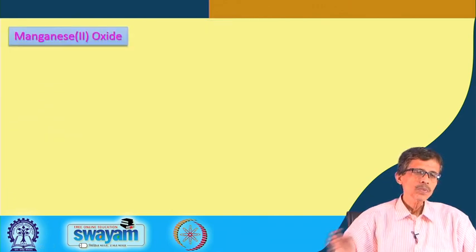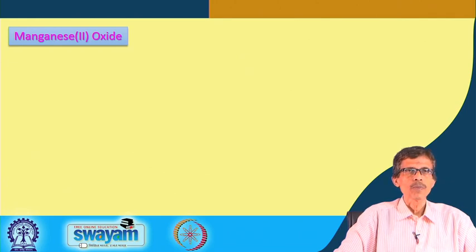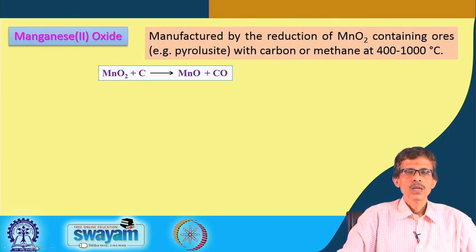So, the first thing we will now see is your manganese 2 oxide, that means the lowest possible oxidation state, from 2 to 4, and it is stabilized by oxygen as O2 minus. So, how do we go? We typically take pyrolusite and we go for the reduction.